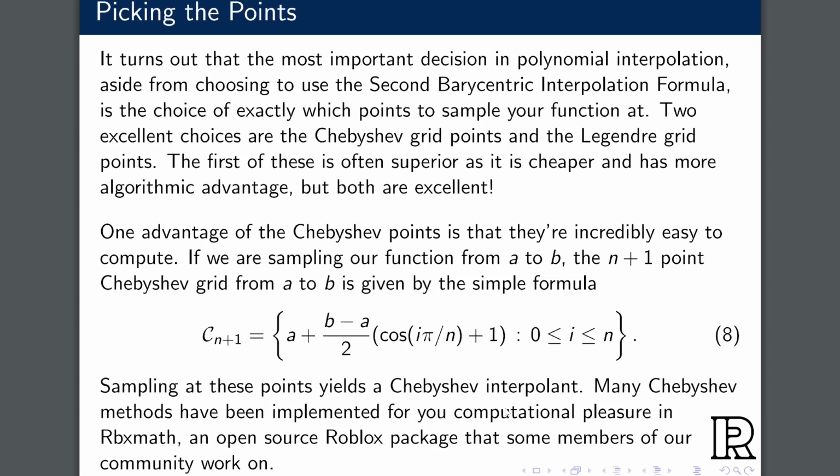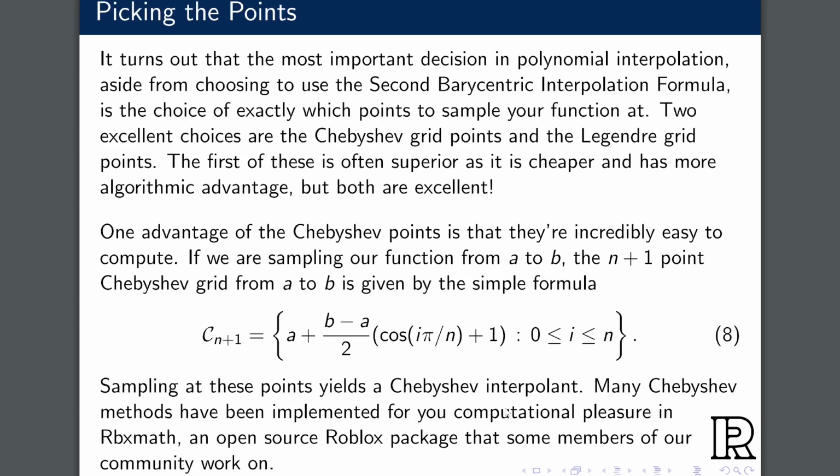There are weird edge cases where the Legendre points win, but the Chebyshev grid points are essentially almost always the better choice. And one reason they're a better choice is I can write them down from memory. They are pretty easy to compute. You just use cosine. All of this other junk around here is just rescaling and reshifting the interval. But the core work of picking the Chebyshev points is this cosine thing right here.